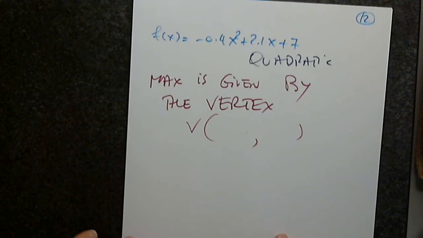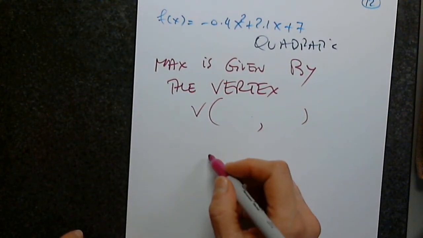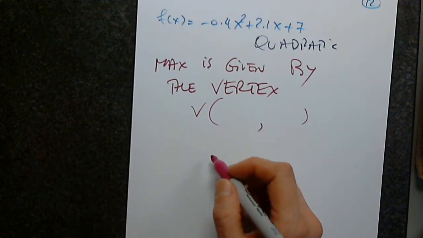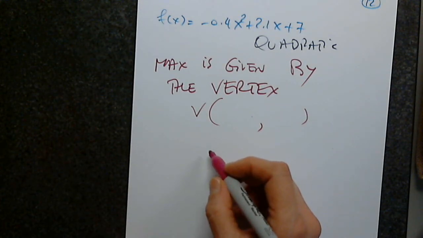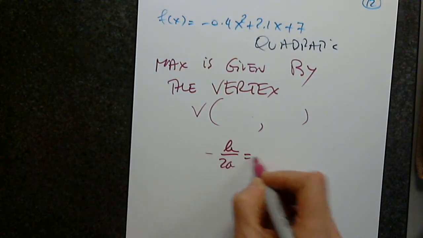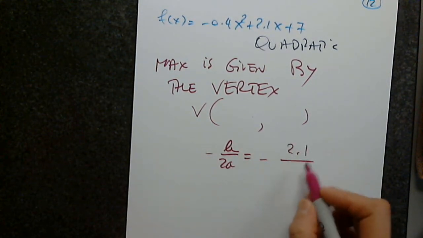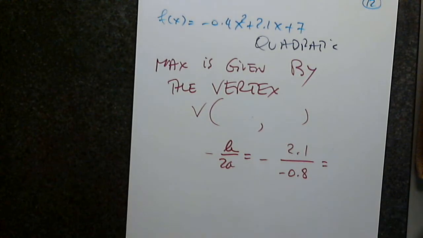I can't forget the x-coordinate. What is it? It's coming from the quadratic formula. Excellent. Thank you, Michelle. 2.1 over negative 0.8. Excellent.